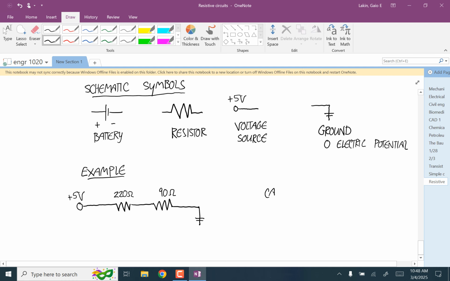And we want to calculate the voltage across each resistor and the current through each resistor.